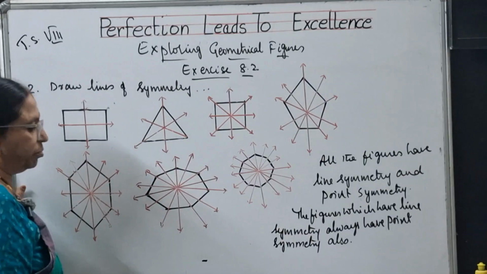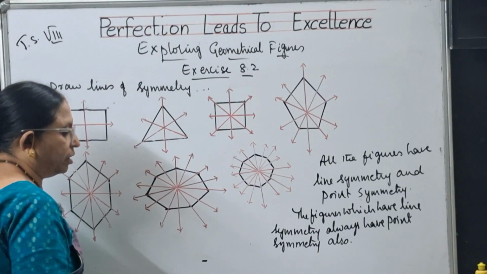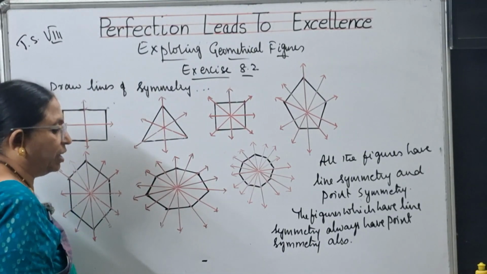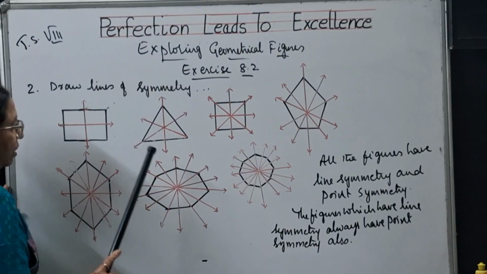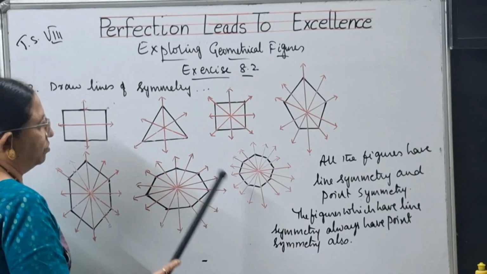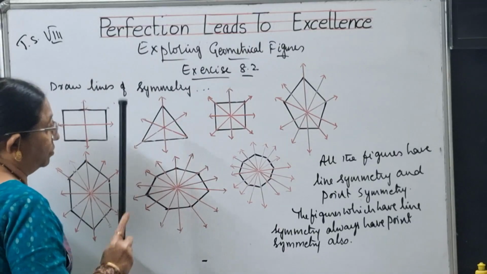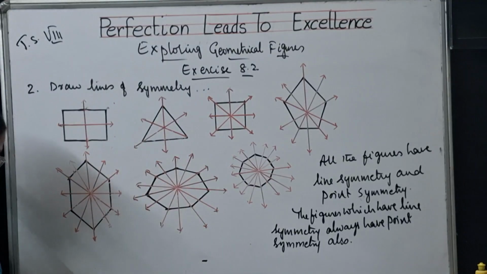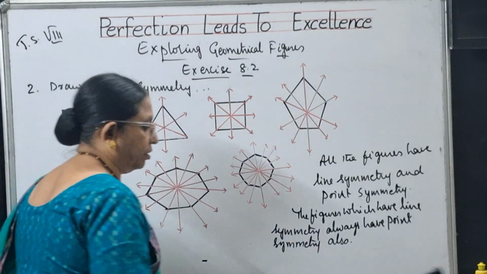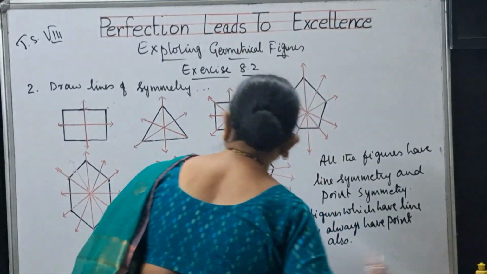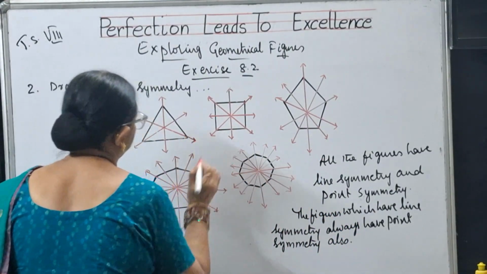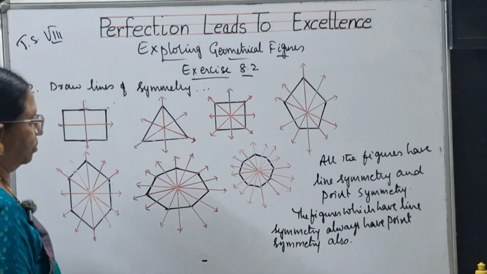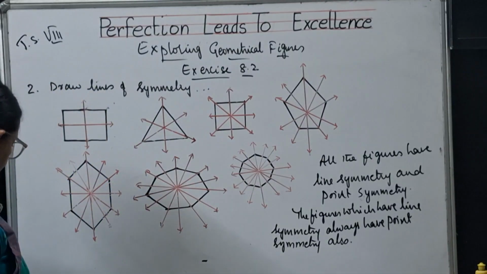They have point symmetry, and is there any relation between line symmetry and point symmetry? The relation is actually all the figures which are having line symmetry will definitely have point symmetry also. So that you should know, children.